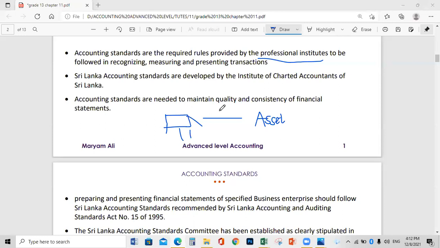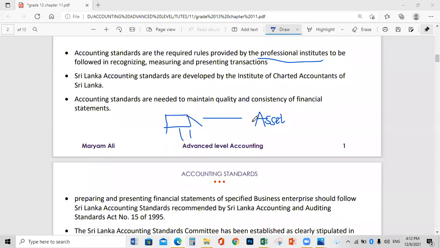After you recognize, guys, you have to measure it. Measuring means you know this is a table, it's an asset, but how much is it? What is the value of this asset? This is where you measure it. And after that, you have to present.